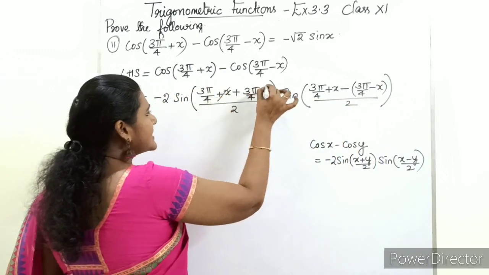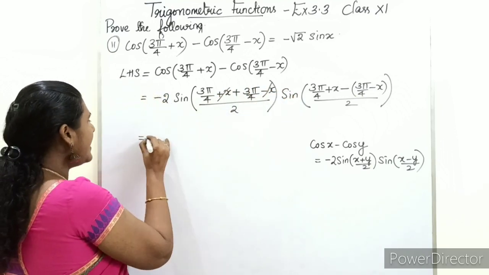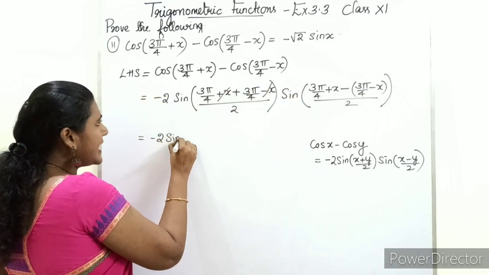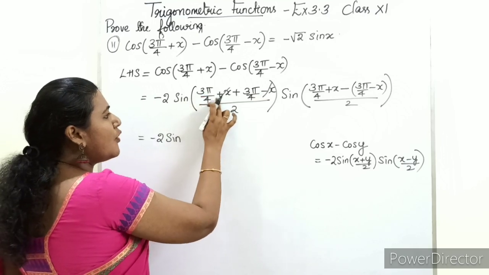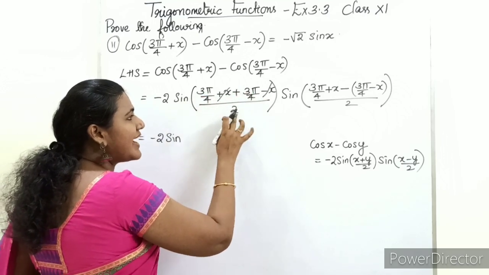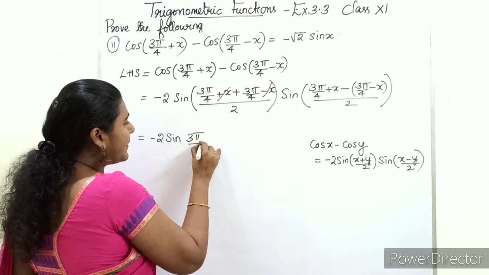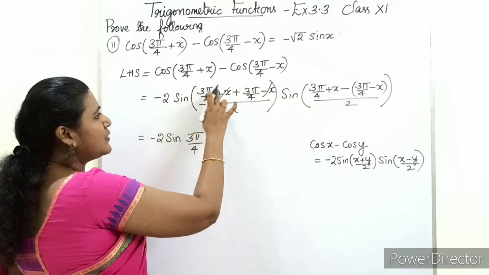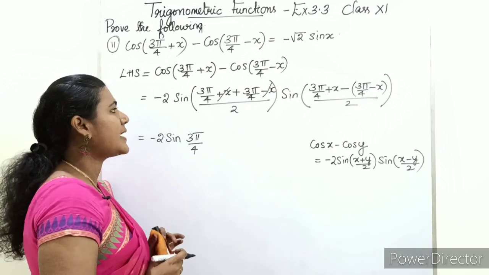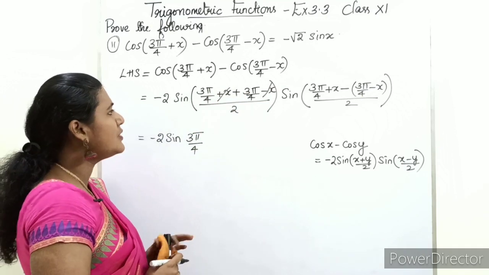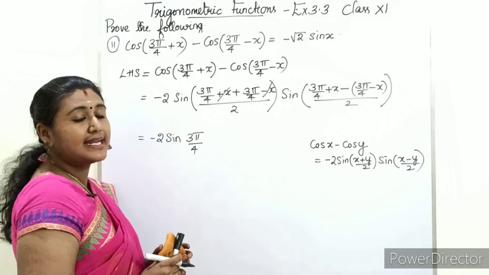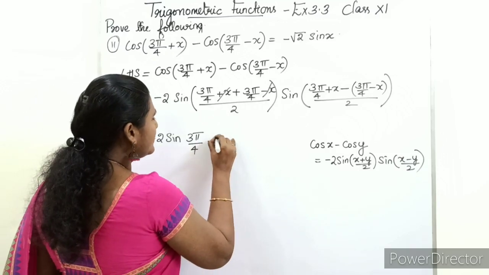The plus x and minus x will get cancelled, and in the first term, sin of (3π/4 + 3π/4)/2. When you simplify, you get 6π/4 divided by 2, which is 3π/4.